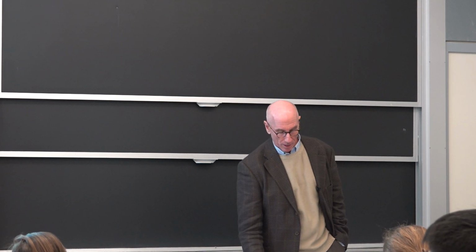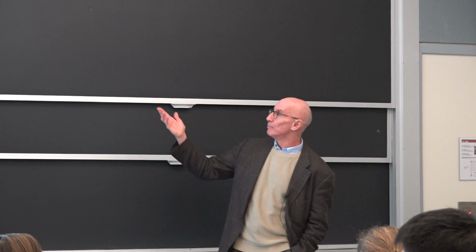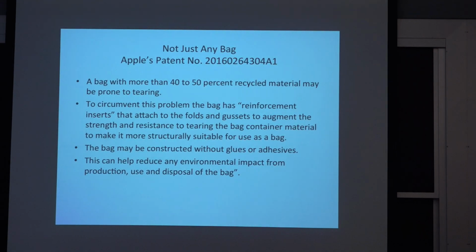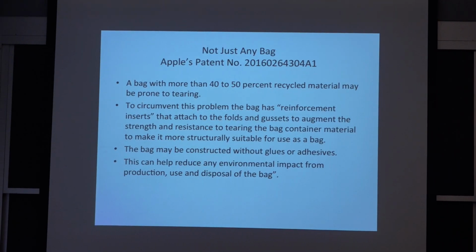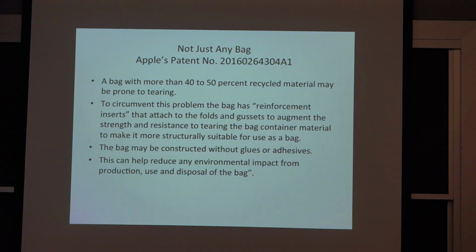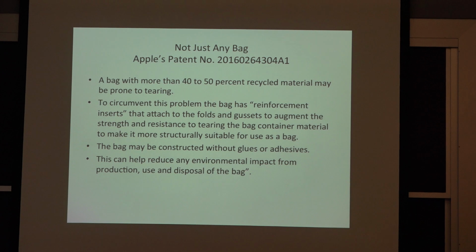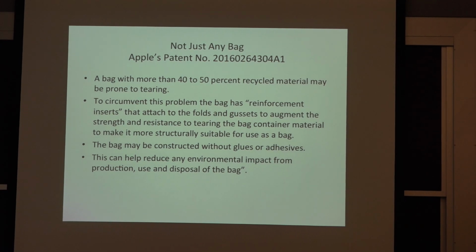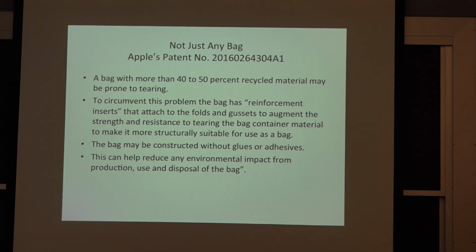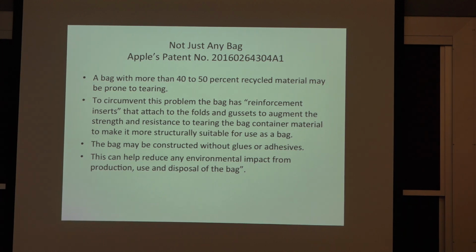In any case, to circumvent this problem, the bag has reinforcement inserts. So not only is the material something that's essential to this patent, but the way it is put together, with reinforcement inserts that attach to the folds and gussets to augment the strength and resistance to tearing of the bag container material, to make it more structurally suitable for use as a bag.